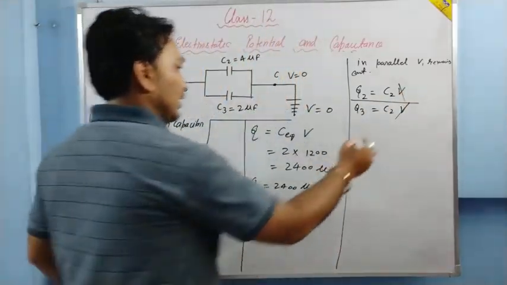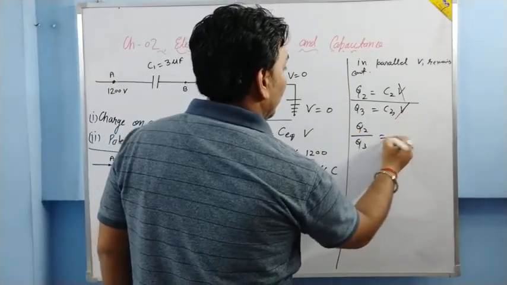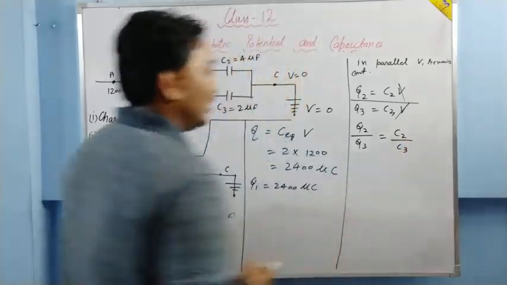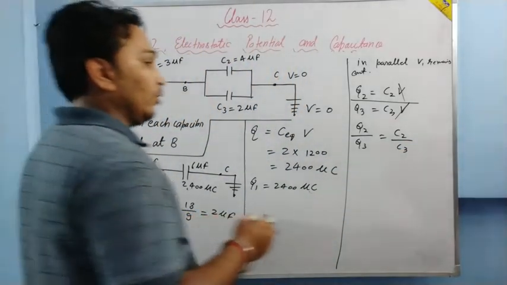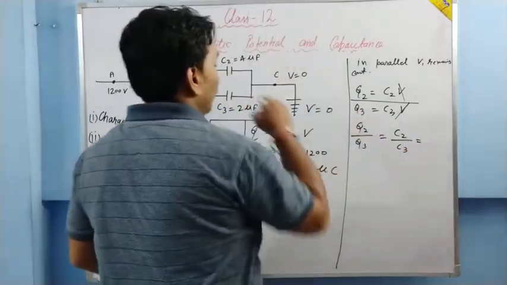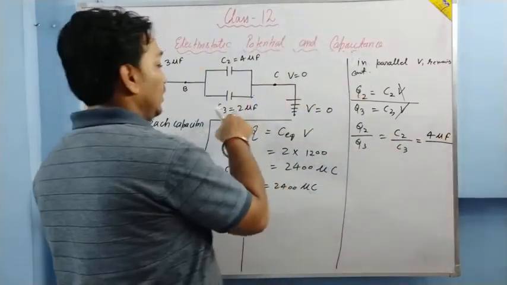Is it clear? So Q2 upon Q3 will be equal to C2 upon C3. From here, the value of C2 is 4 microfarad, and the value of C3 is 2 microfarad.